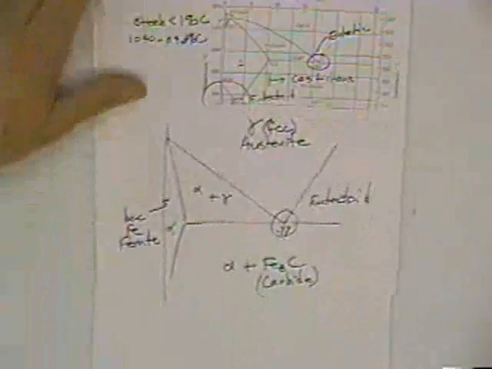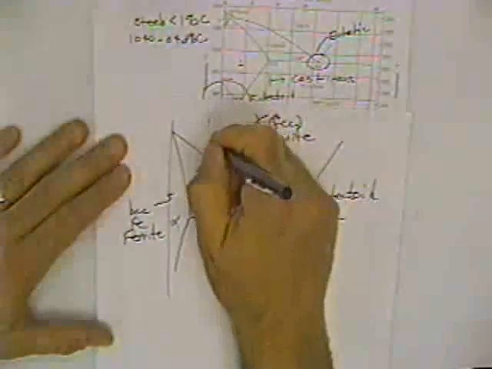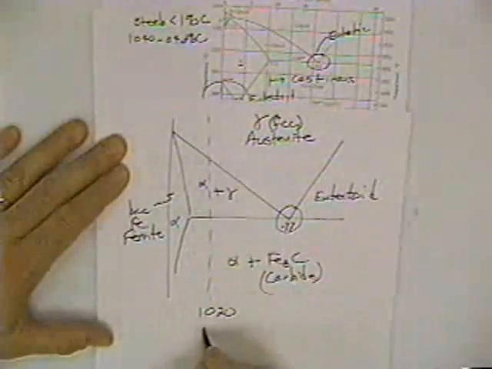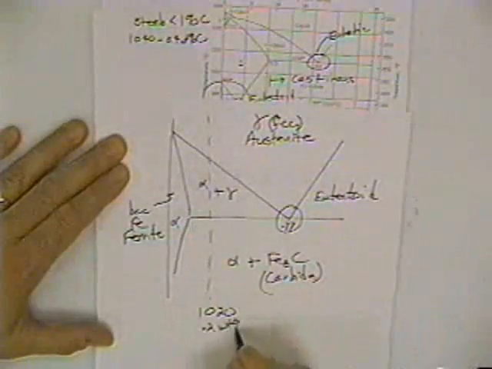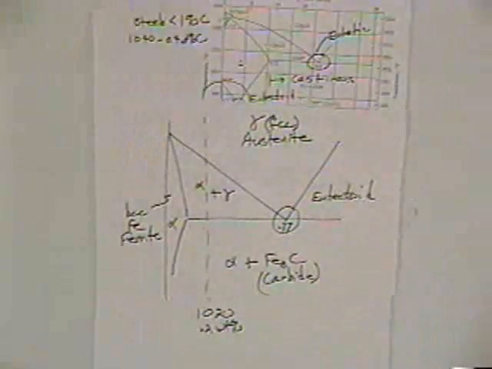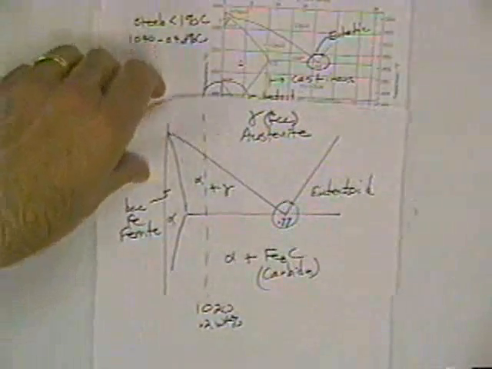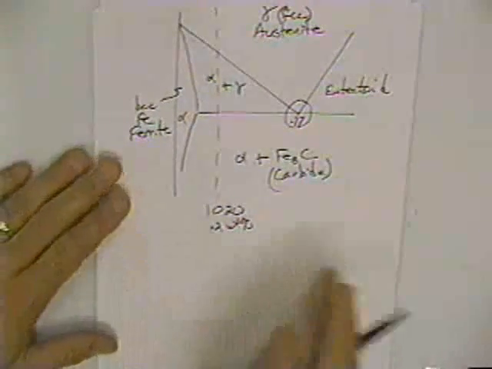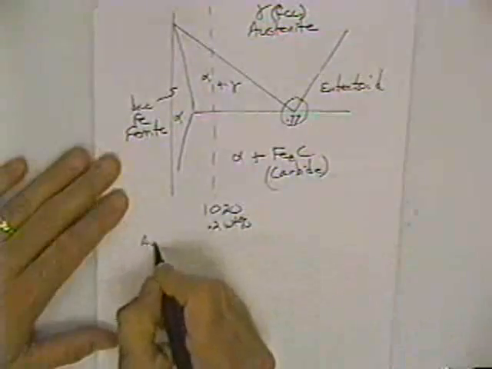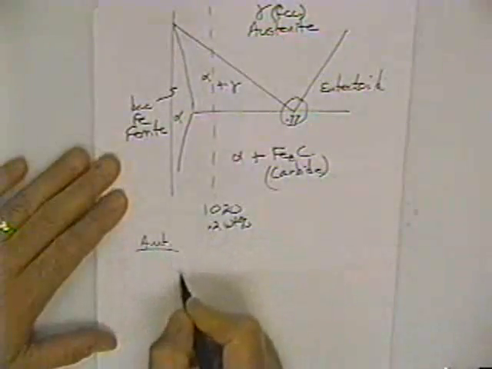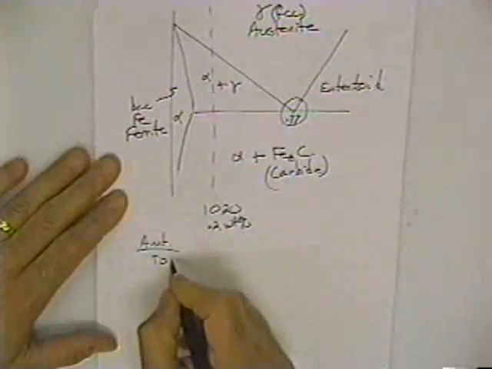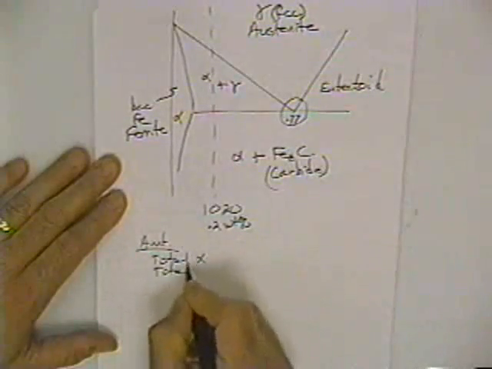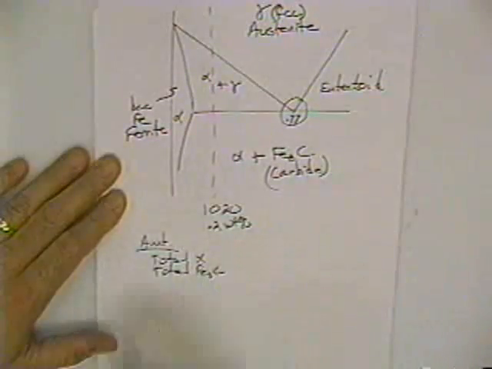And let's take a 1020 steel, so we have 0.2 weight percent carbon, and let's make a couple of calculations. Let's determine the amount of total alpha and total iron carbide.